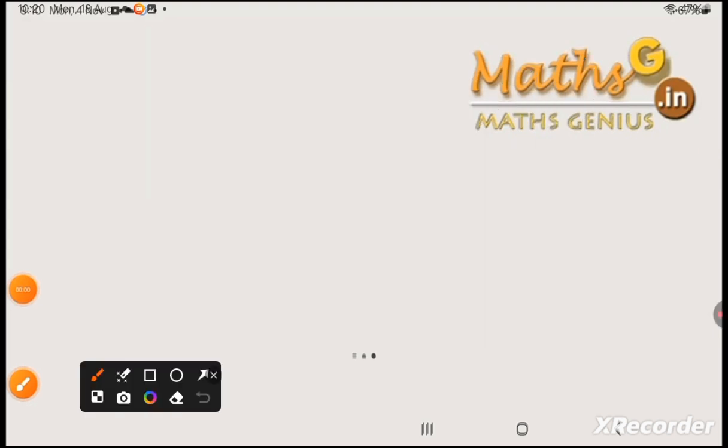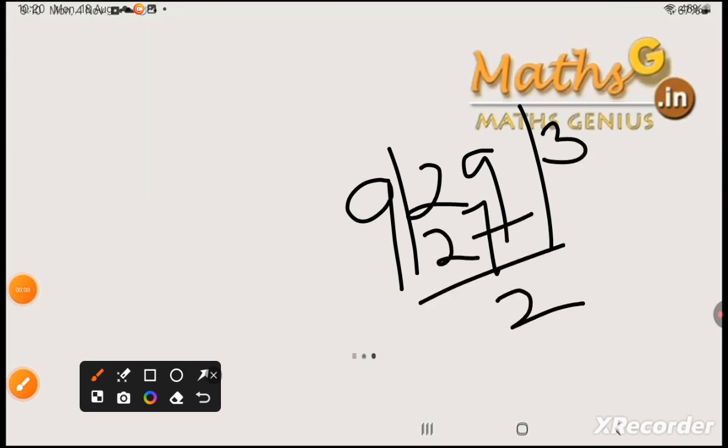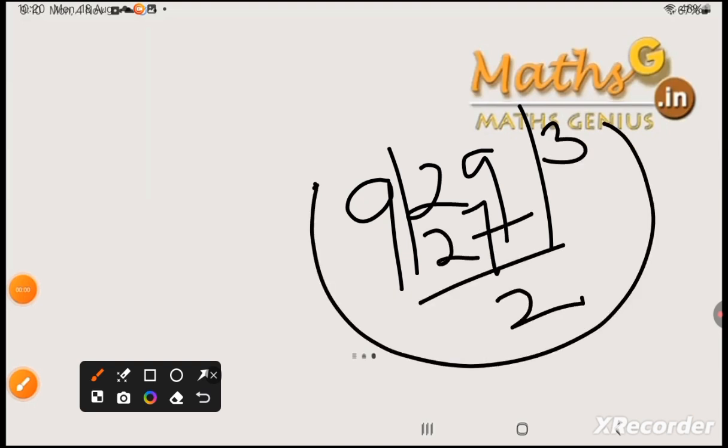To cross verify this, divide 29 by 9. 9 3's are 27. How much is left? 2. Similarly, it is 3 whole 2 by 9.